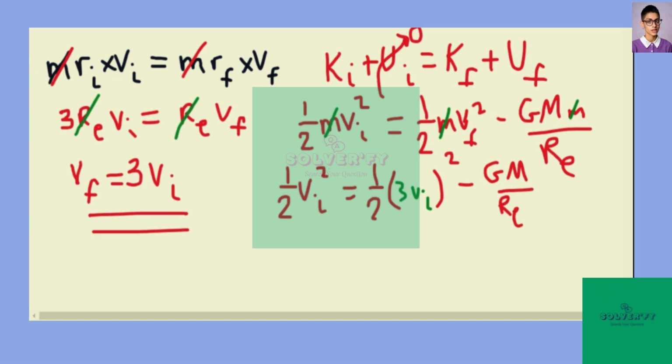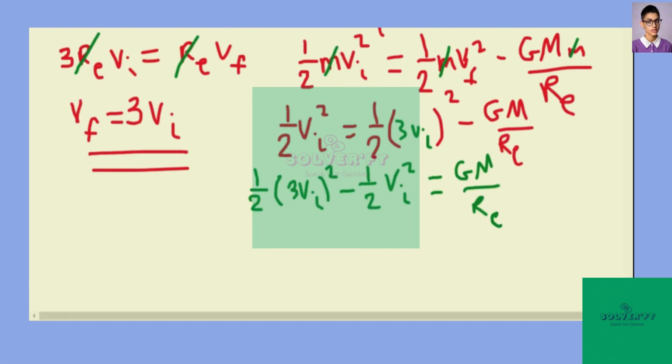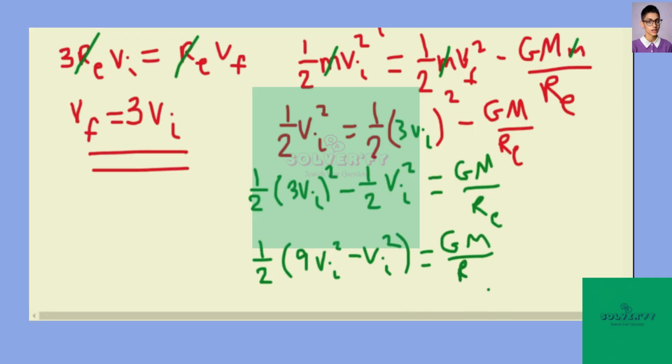Okay, rearranging, we can get 1/2 of 3 Vi squared minus 1/2 of Vi squared equals Gm over R sub E. So factoring out the 1/2, 3 Vi squared is going to be 9 Vi squared minus Vi squared equals Gm over R sub E.